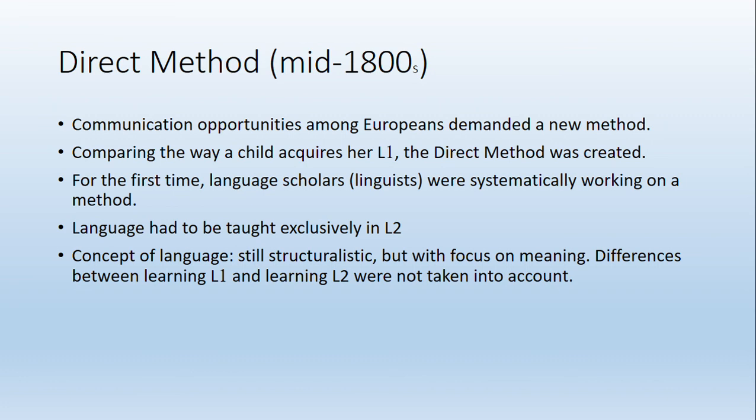It's a completely different cognitive process. So we cannot compare the way a child learns a first language to the way an adult learns a second language. They're completely different processes. The way our brain works is different.